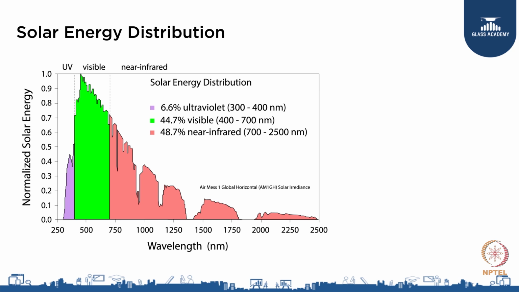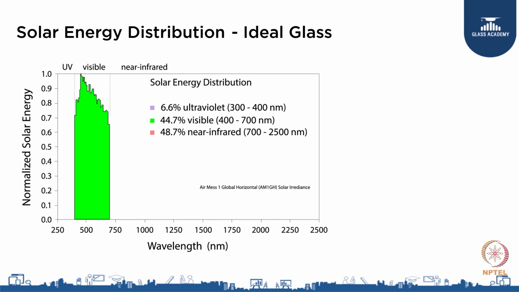So our ideal glass will be the one which allows all the visible part of the spectrum to come inside and doesn't allow the ultraviolet and the infrared part of the spectrum. This is our ideal glass.